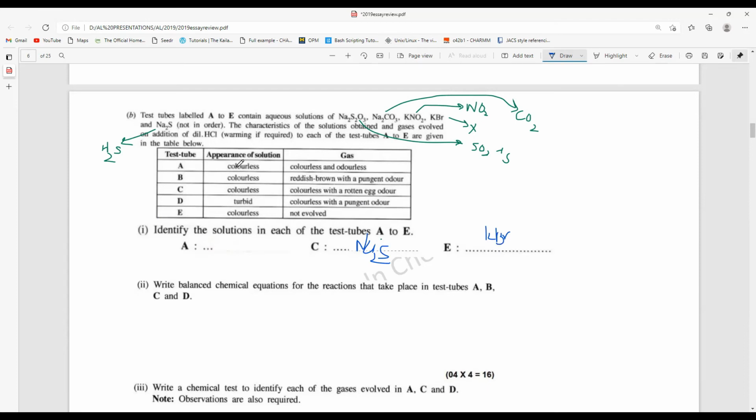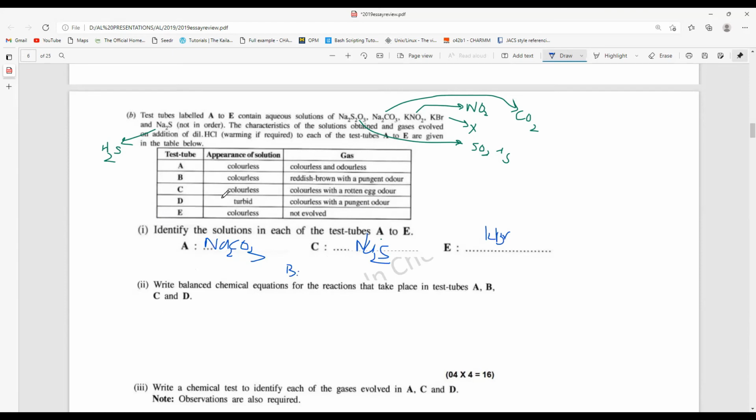And A is colorless, odorless. So what can A be? Here you see all these give some sort of gases with some smell. But when you compare Na2CO3, it does not give any smell or odor.